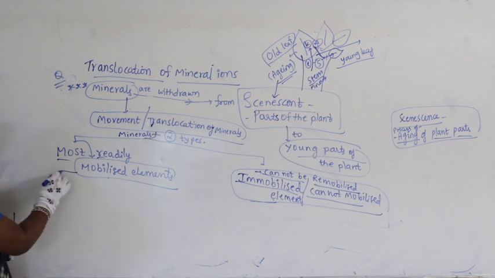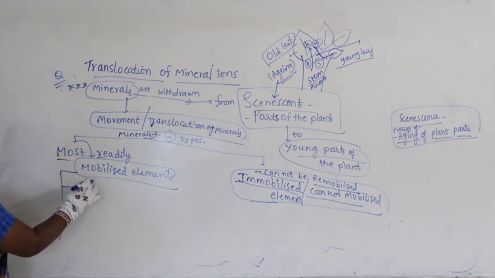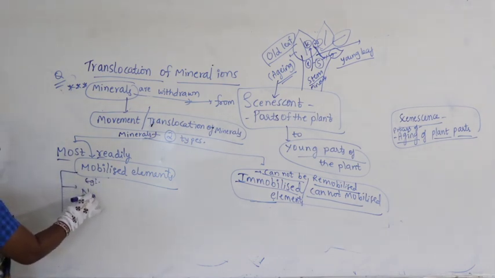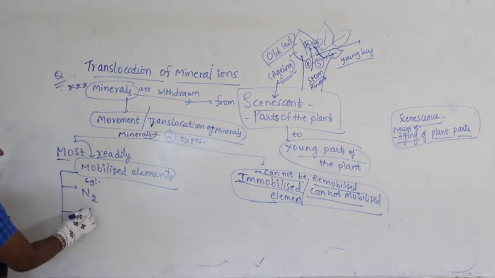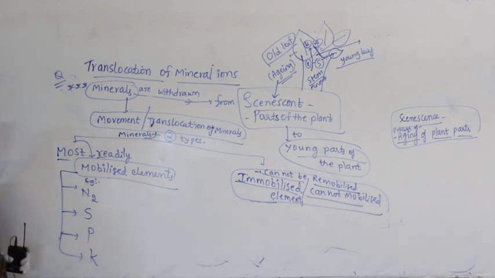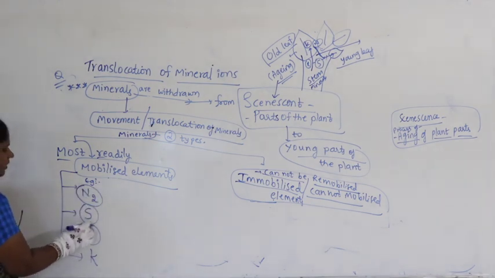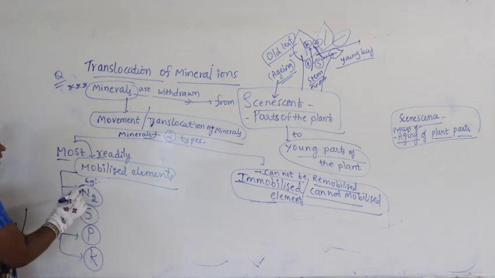This we already discussed in mineral nutrients. Tell me the examples which all will come. Nitrogen, sulfur, phosphorus, potassium. What are they? Nitrogen, sulfur, phosphorus, potassium.